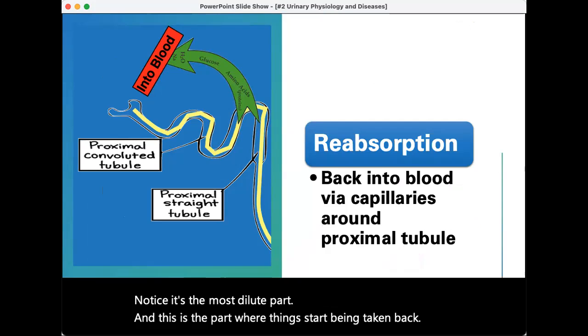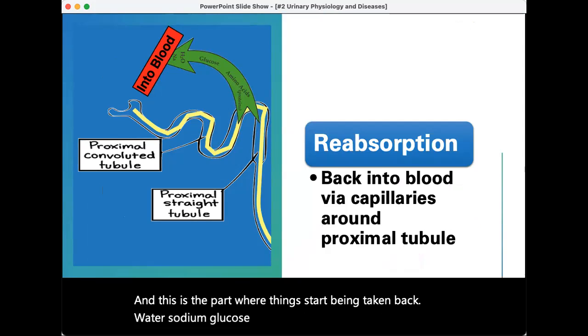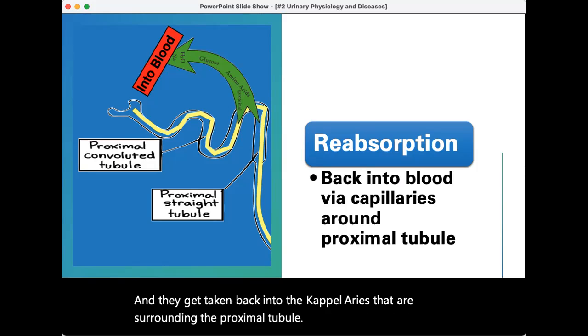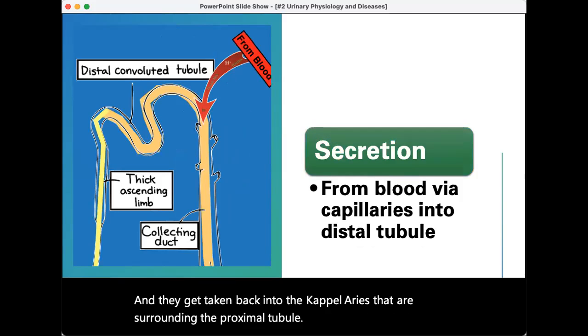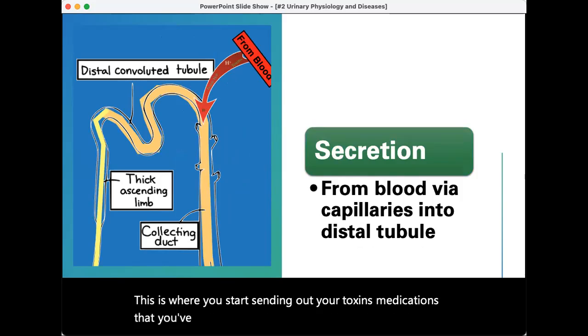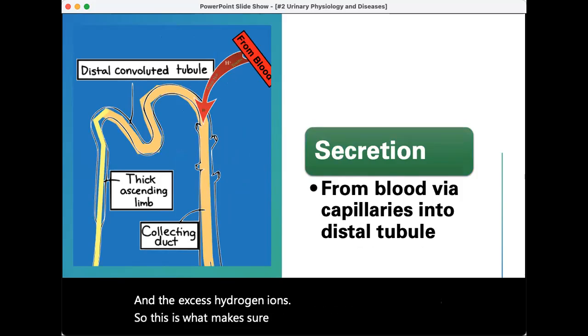Water, sodium, glucose, amino acids, they get taken back into the capillaries that are surrounding the proximal tubule. And then in the distal tubule, things start coming from the blood. This is where you start sending out your toxins, medications that you've taken, and the excess hydrogen ions. So this is what makes your urine acidic relative to your plasma. So this is your acid-base balance.